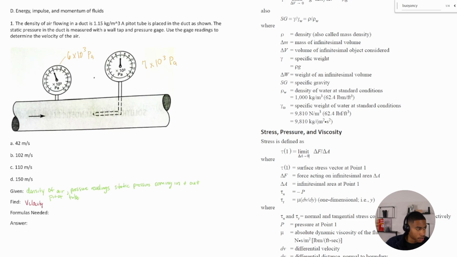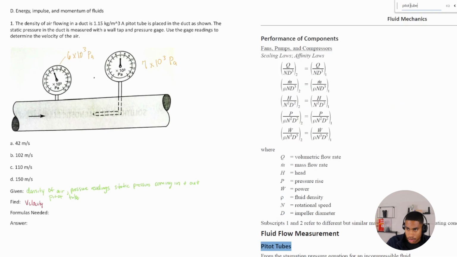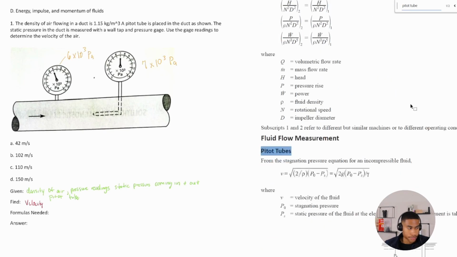So those are our readings coming in and coming out. All right, so let's start by just searching Pitot tube, because I don't know if we can find a formula that we can use. So I do a search.